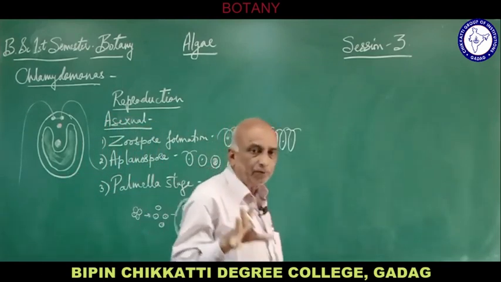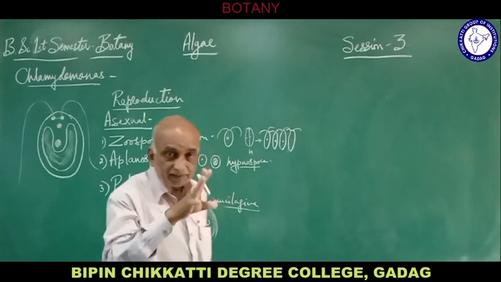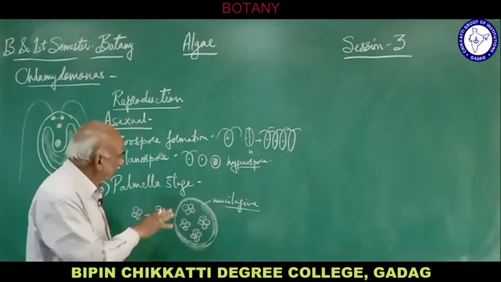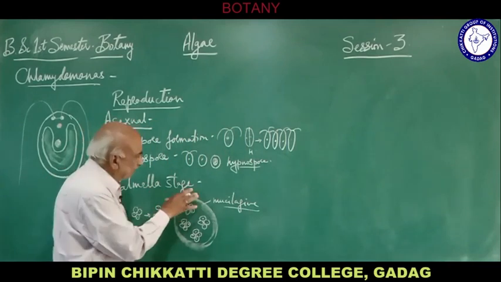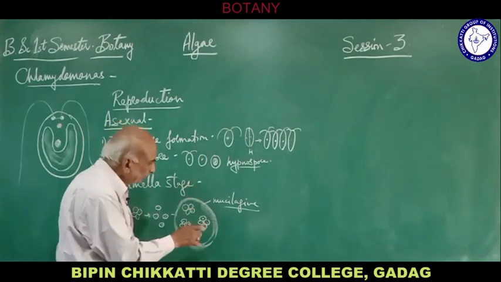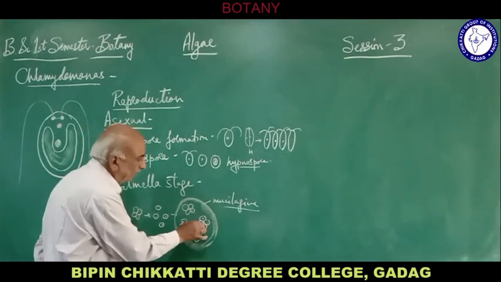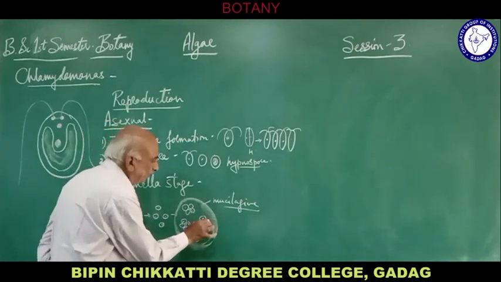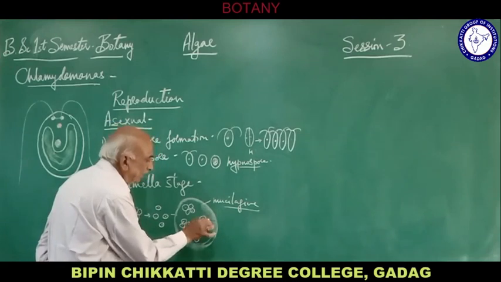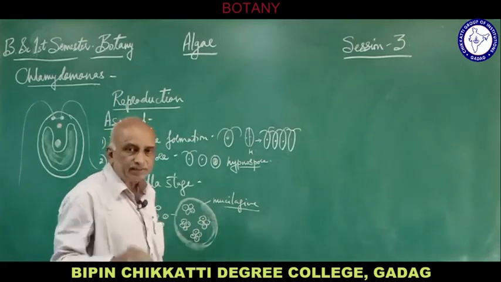and the cells form groups of 4, and all these cells appear like the structure of a Palmella alga, hence it is called the Palmella stage. And at the arrival of favorable conditions, these cells will develop flagella and are released from the mucilaginous sheath.